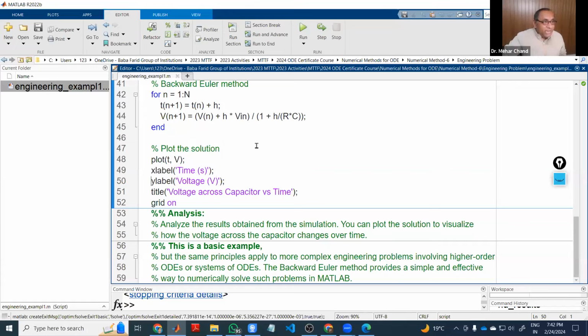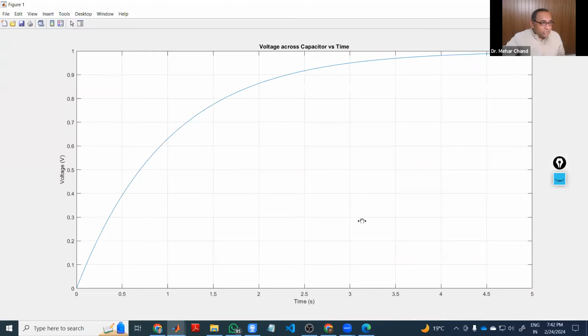When you execute this section, note that this is a different type of file. We divide this script file into slices, section-wise, and you just need to run only this section. For that you need to press at this place, and you can have the solution.